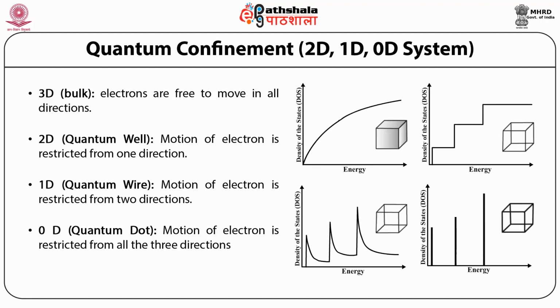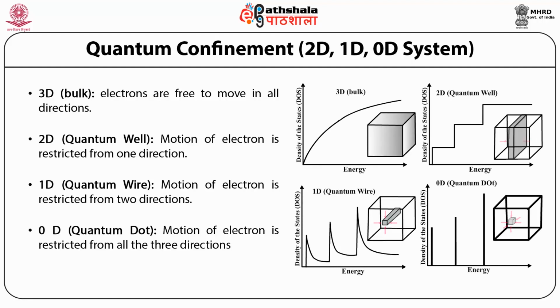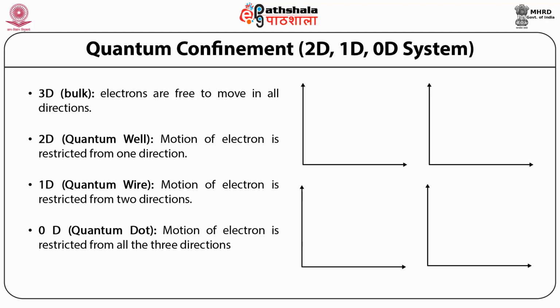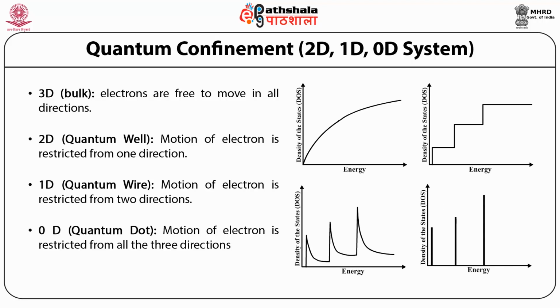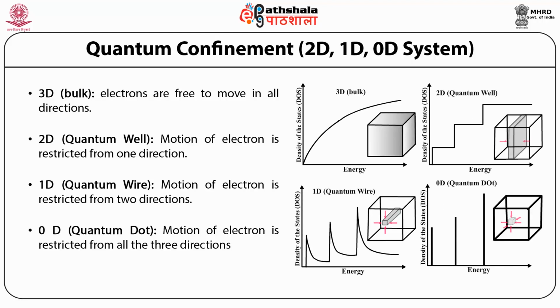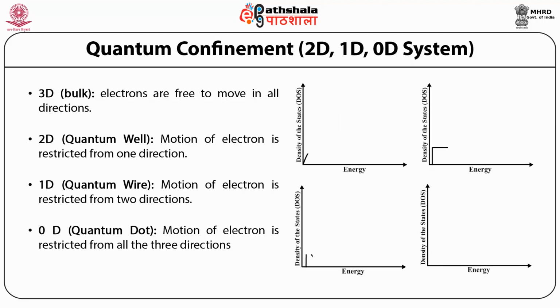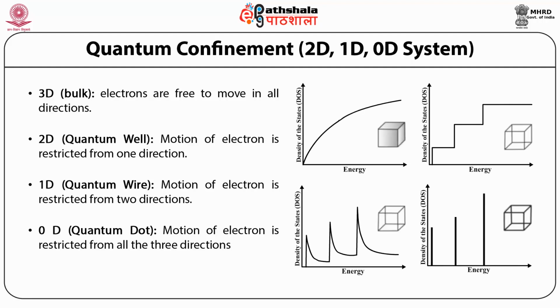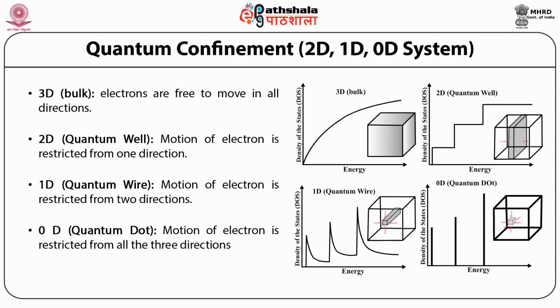And finally, if motion is confined from all three directions x, y, z, this kind of material is known as 0D or a quantum dot, and the density of states of such a material looks like spikes, which is similar to the atomic spectra in the case of an atom. Now, in the coming slides, we discuss in detail the 2D materials or quantum well-like materials.